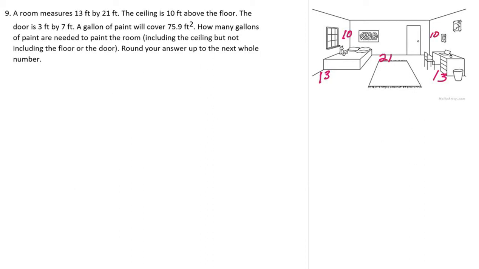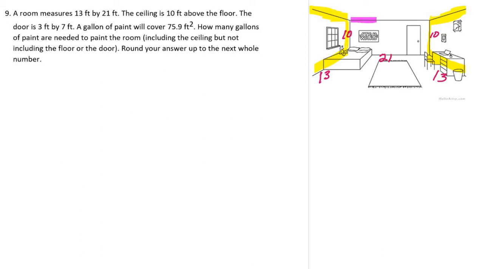Now I want you to be sure that you understand what I'm going to be looking at here to find the area. I've got this wall to the left. I've got this wall to the right. It's going to have the same area.